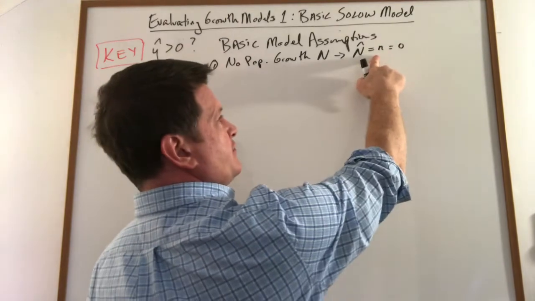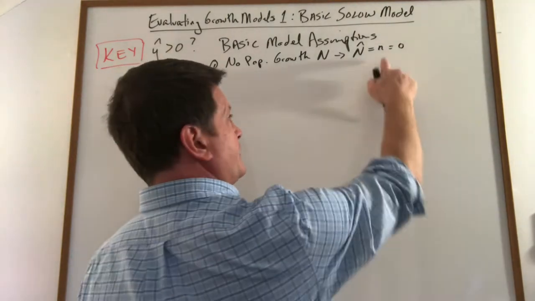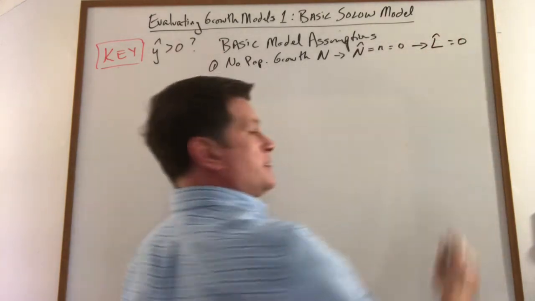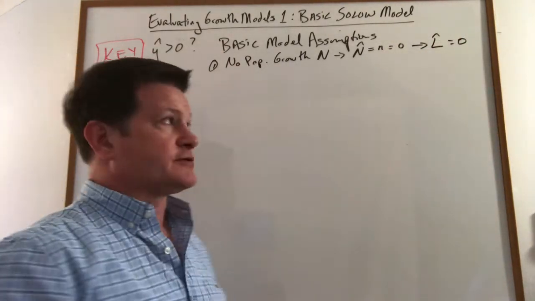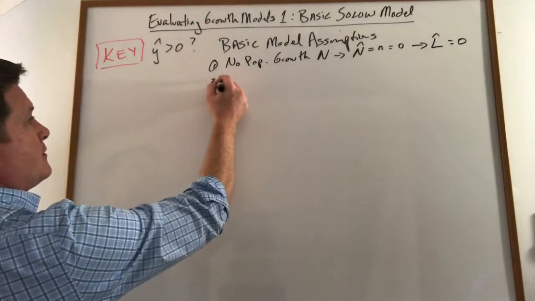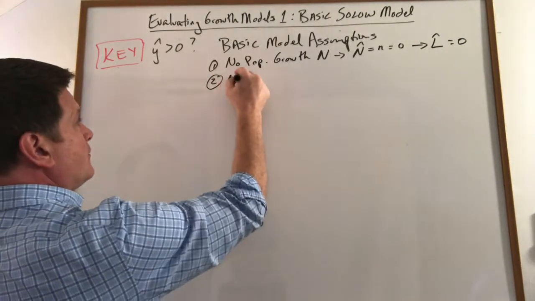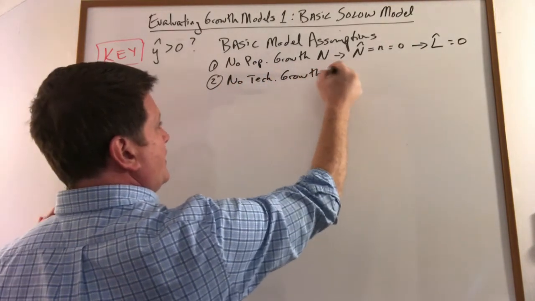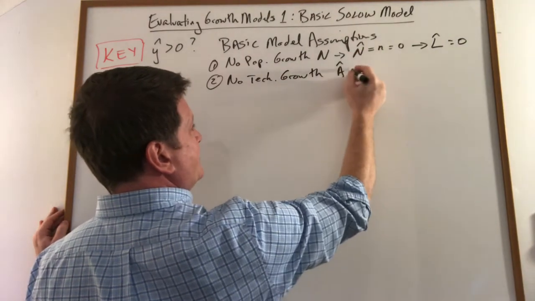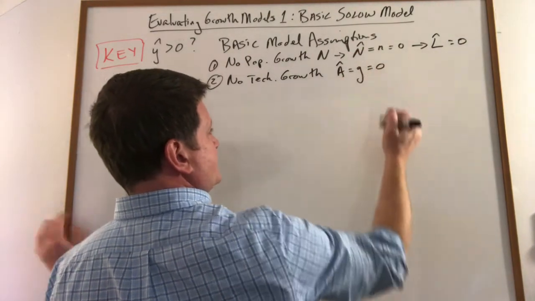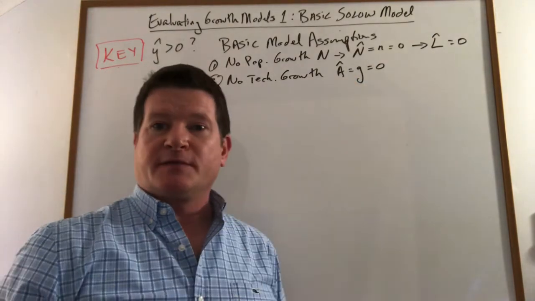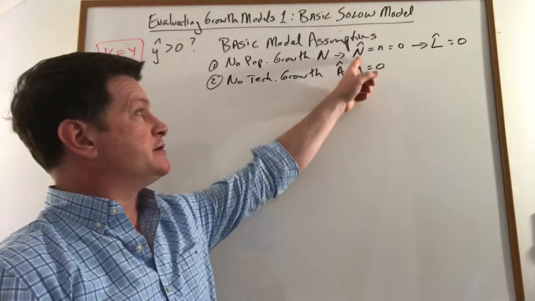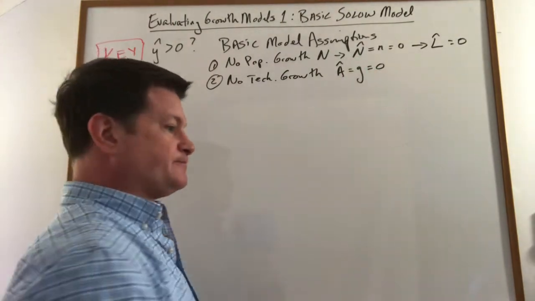We usually think of the population growing at a rate of N. By the way, this will imply that there's no labor force participation rate growth either. 2, we'll assume no technological growth either, that is A hat is 0. So when I want it to be something else, I'll let G be something else. But this is the growth rate of technology, this is the growth rate of population, both are 0.